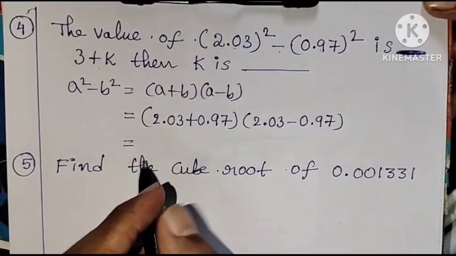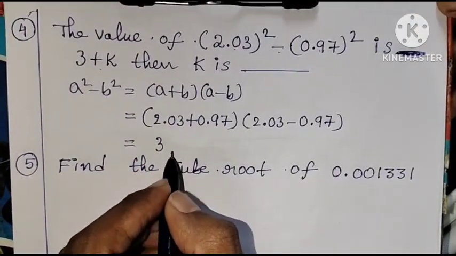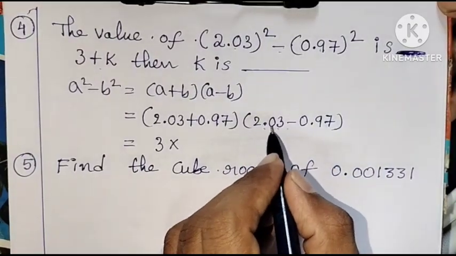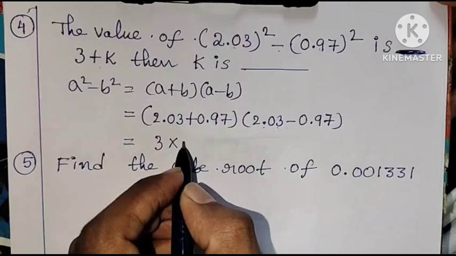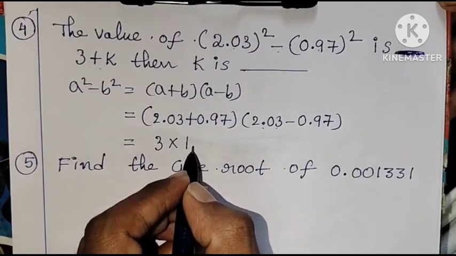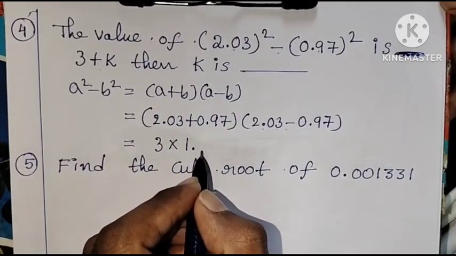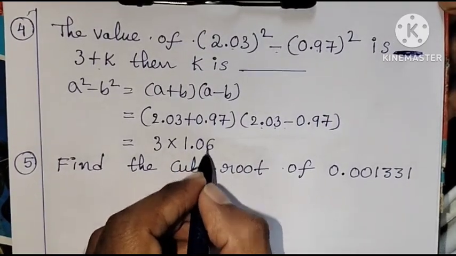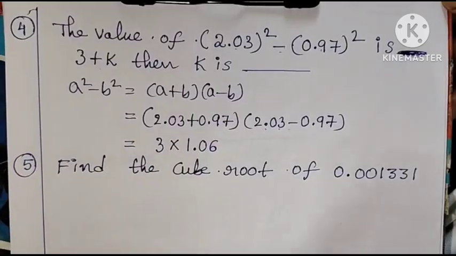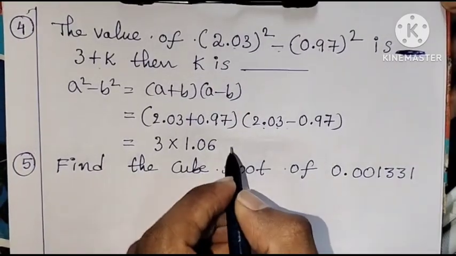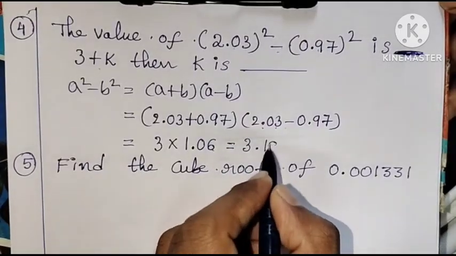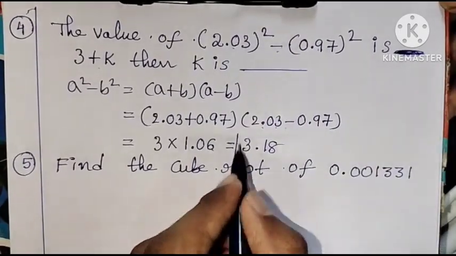So 2.03 plus 0.97 is 3. So 3 into 2.03 minus 0.97. If you subtract, you will get 1.06. Now if you multiply, you will get 3.18.